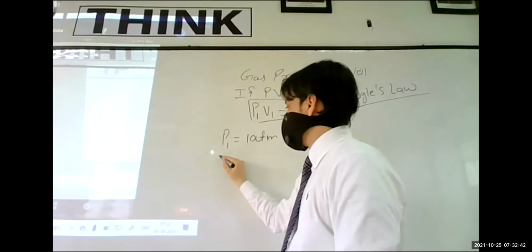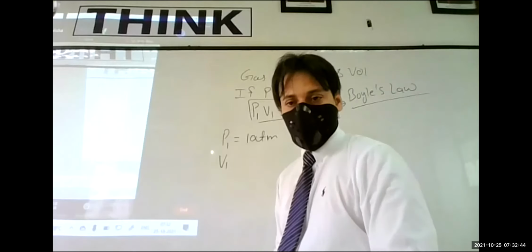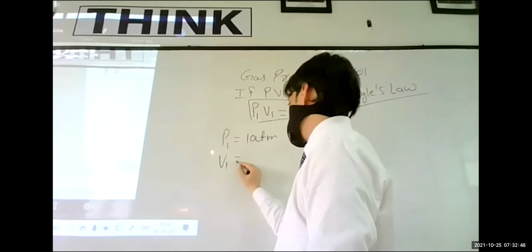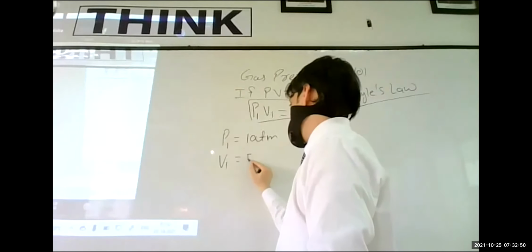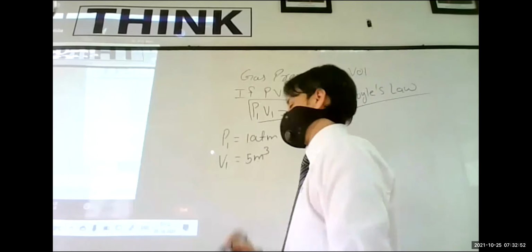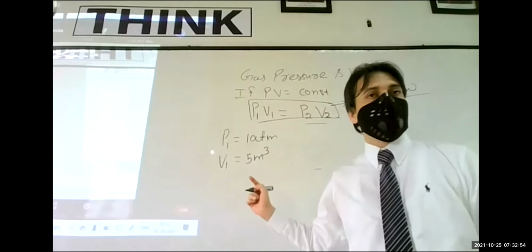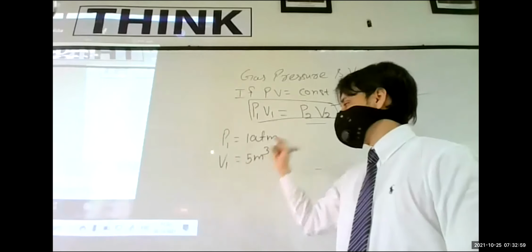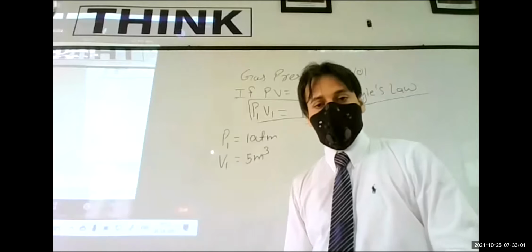And the initial volume is also given, children. Suppose the initial volume is 5 meter cube. It can be in millimeter or centimeter cube, whatever; here I have taken meter cube.